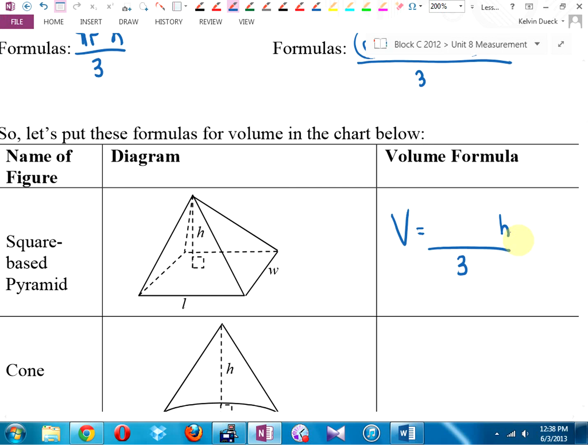If it's length times width, but it's a square base, the length and the width are the same length. You can go L squared times h. That'd be quicker. If it's a rectangular-based pyramid, length times width times h divided by 3.